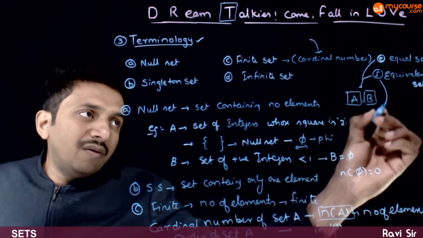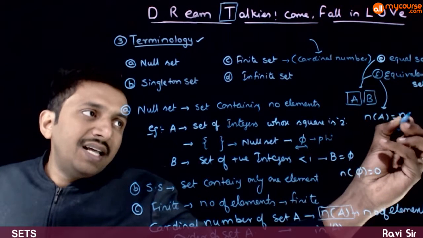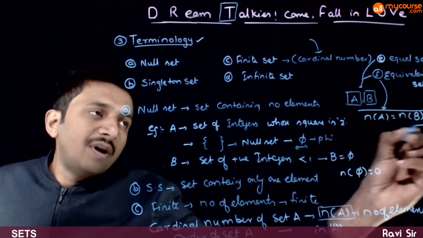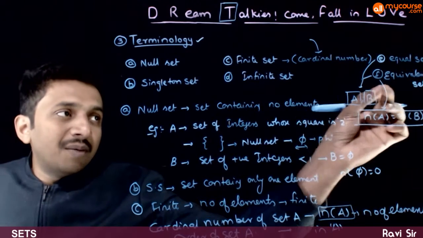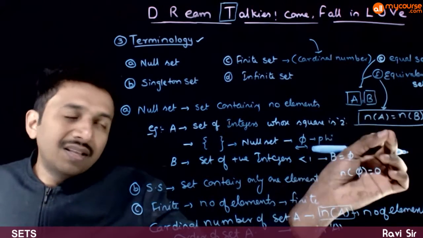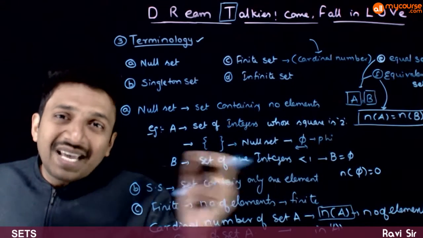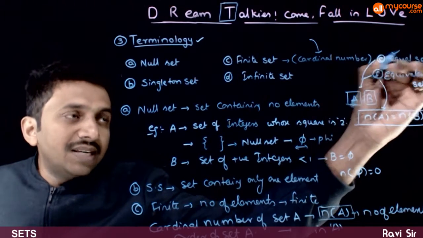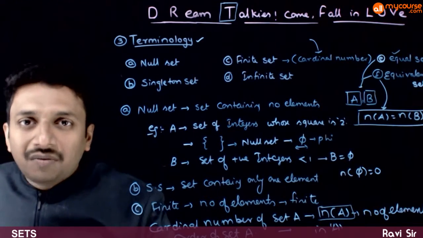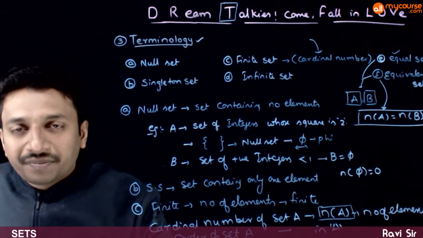Equivalent sets are the sets containing the same cardinal number, or the same number of elements. If the number of elements in two sets is the same, then they are called equivalent sets. If the elements are exactly the same, then they are called equal sets. Obviously, equal sets automatically become equivalent sets, but equivalent sets need not be equal sets.